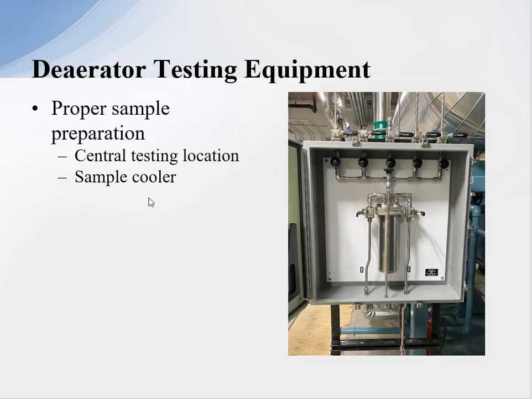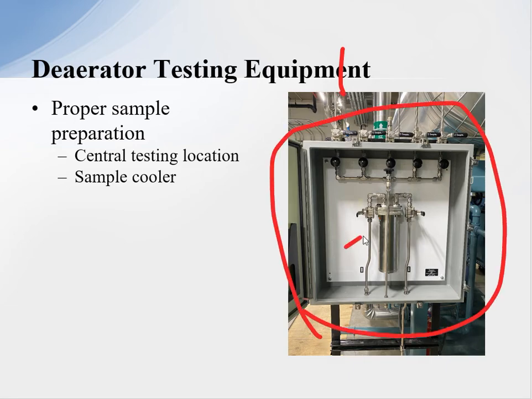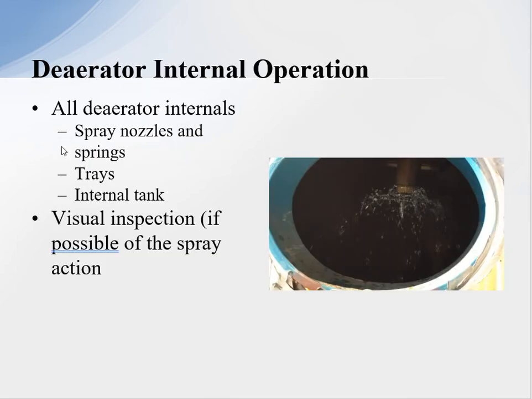The other thing is you must have a proper sampling system. As shown here, we have all the different samples coming down into a centrally located sample with a sample cooler here, and it allows the plant personnel to take the test easily. The other thing is that all deaerator internals, spray nozzle springs, trays, internals should be visually inspected.